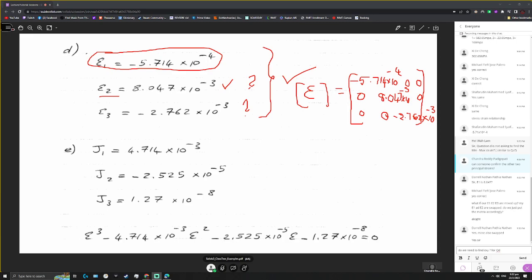So what is the first invariant J1? J1 will be your epsilon 1 plus epsilon 2 plus epsilon 3. Okay, so your J2 will be, you need to follow the same formula for the strain invariants, because we are writing this principal strain tensor simply as epsilon 1, 0, 0, then 0, epsilon 2, 0, then 0, 0, epsilon 3.